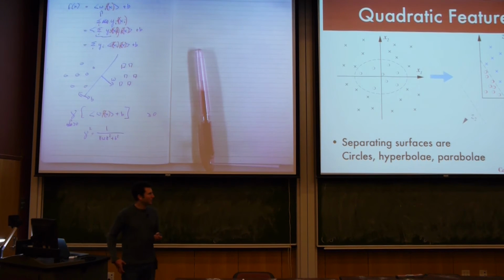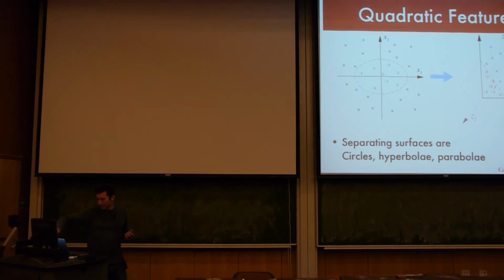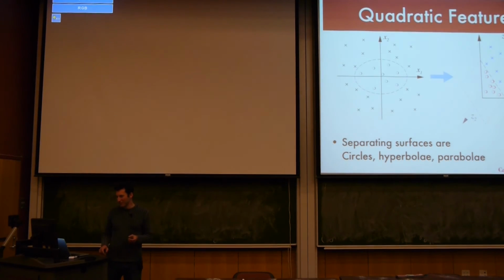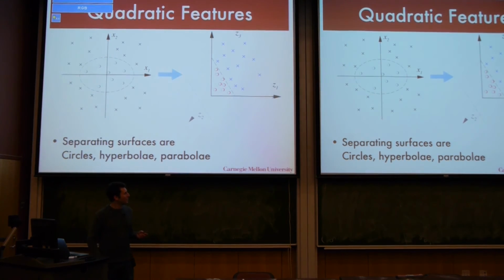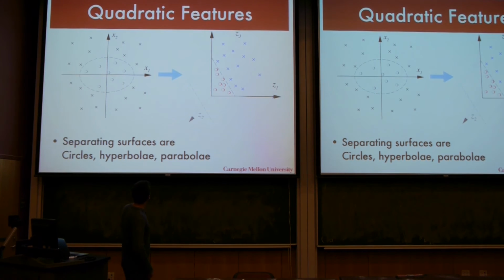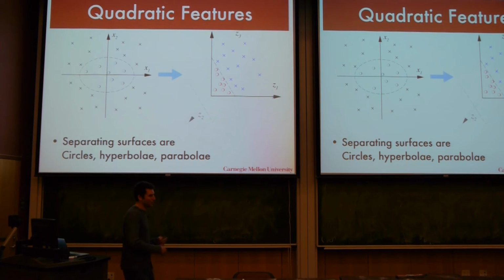Say I want to separate circles from the rest. Then what I can do is I can simply go and map it into a 3D space where I now have x1, x2, then x1 squared, x2 squared. We all know that you can write circles as a quadratic form.